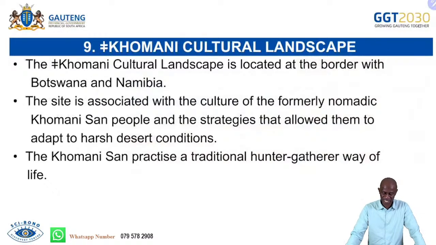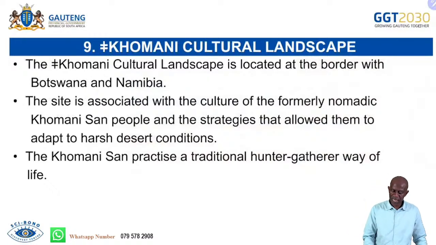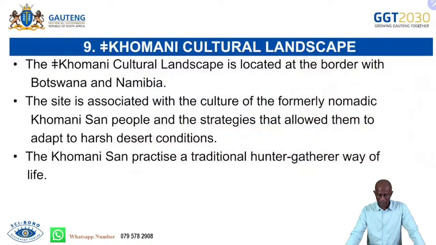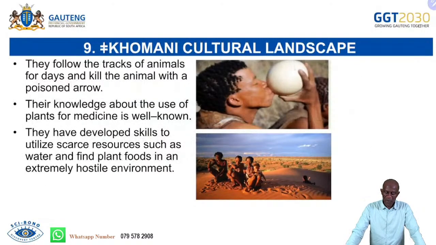The Khomani San practice a traditional hunter-gatherer way of life. So they will go around, hunt wild animals, and they will gather around a common place and enjoy the meat together. They follow the track of animals for days and kill the animals with a poisoned arrow.